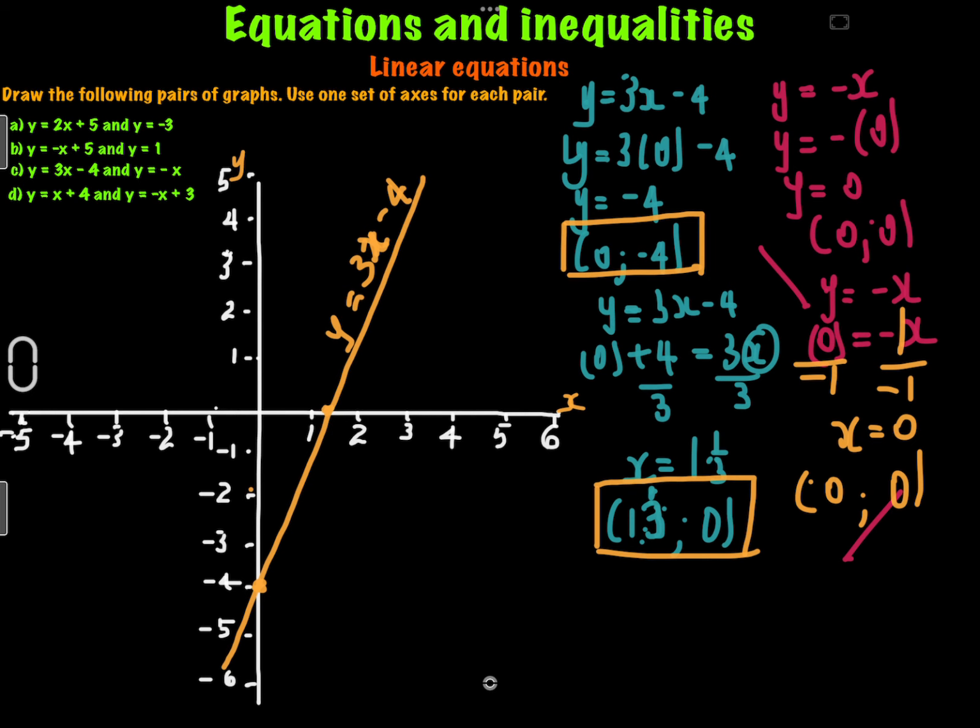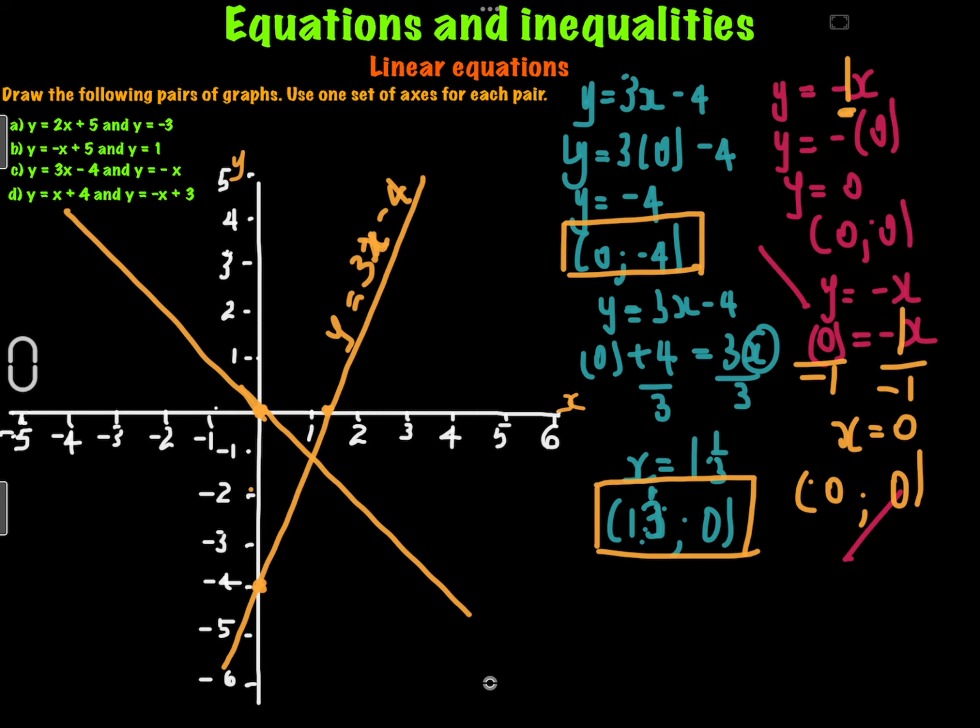So our graph should pass through our origin. So in this case, we just simply need to draw a line that passes our origin like that, taking heed of the gradient, because the gradient in this case is just simply negative 1. Very important to consider this gradient here.